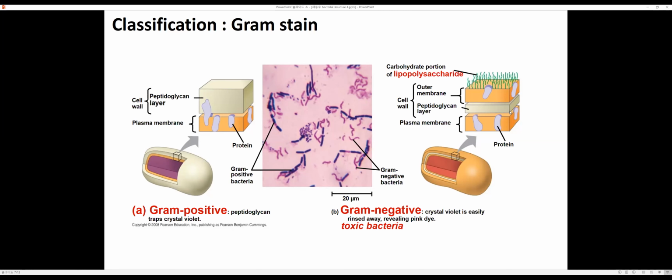So by structure, you may consider which one is more similar to mitochondria. Gram-positive or gram-negative bacteria? Which is more similar to mitochondria? Negative. It should be gram-negative, right?